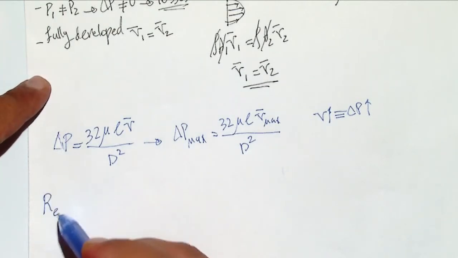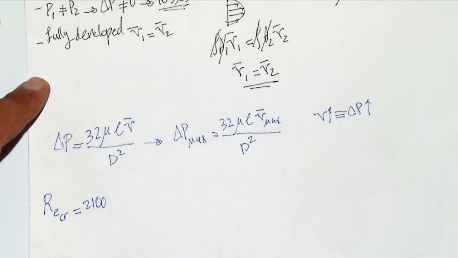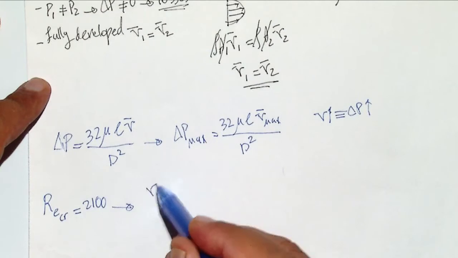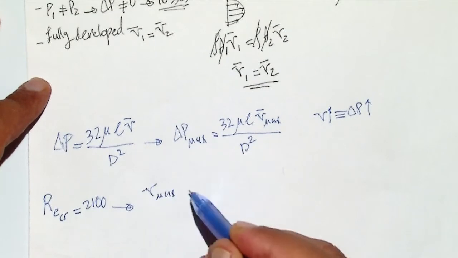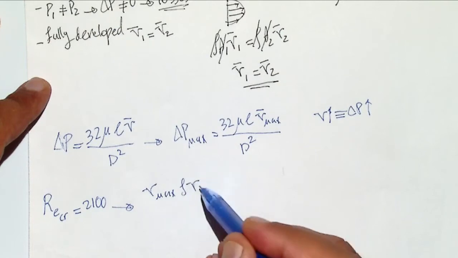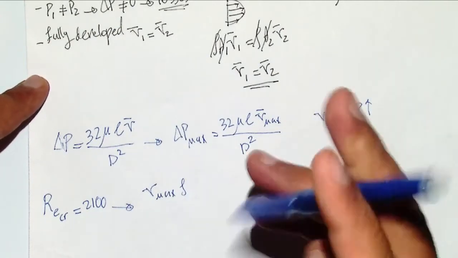Because the critical Reynolds number is 2100, and we keep the assumption that the flow is laminar, it means that we need to find the maximum velocity such that rho V D, which is the equation for Reynolds number, right?